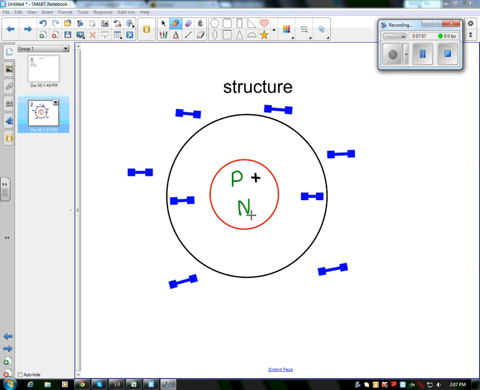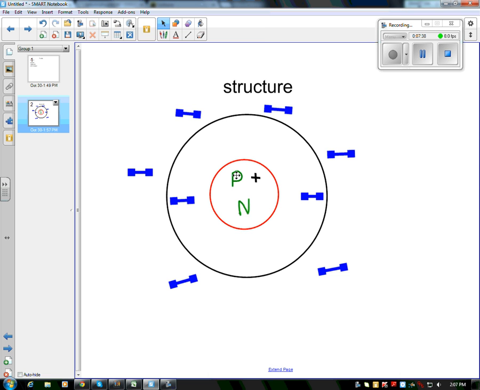Circling this nucleus, which is positively charged because there are positive protons and no charge on neutrons, so positive and nothing is positive, will be negatively charged particles called electrons.